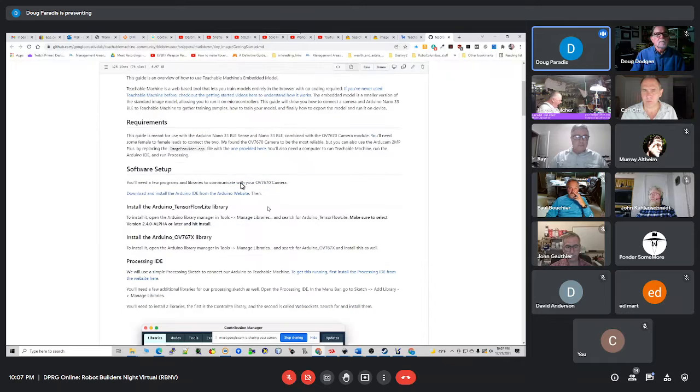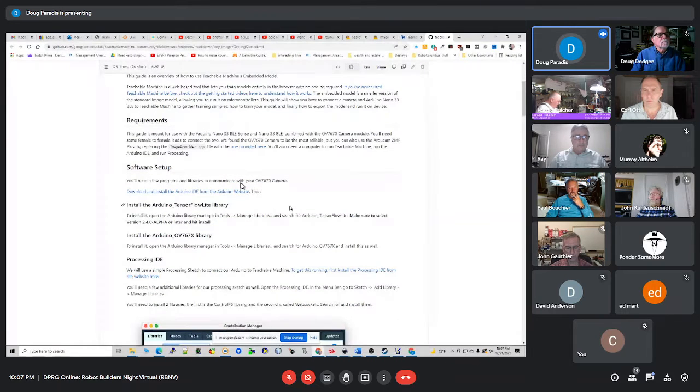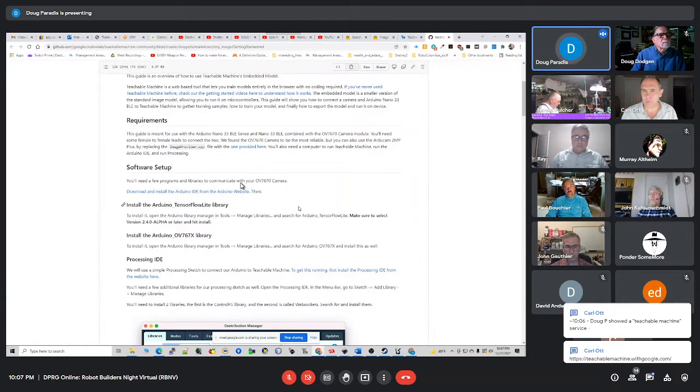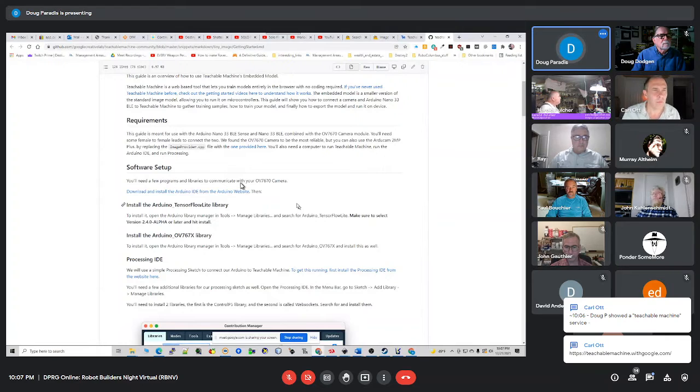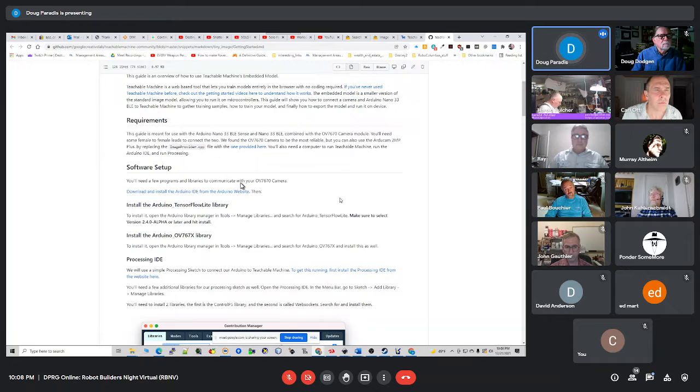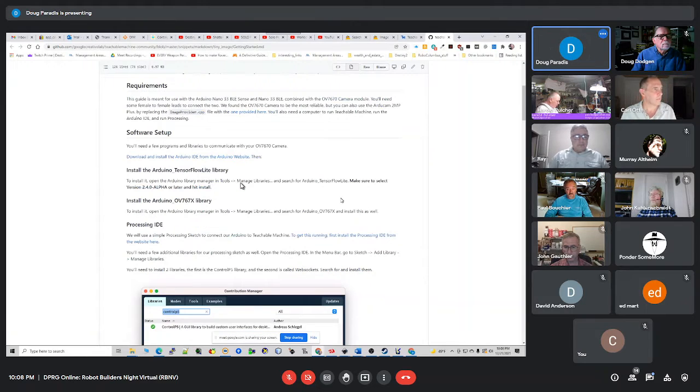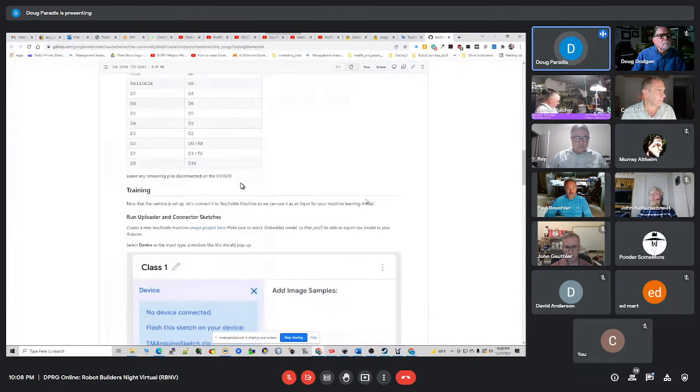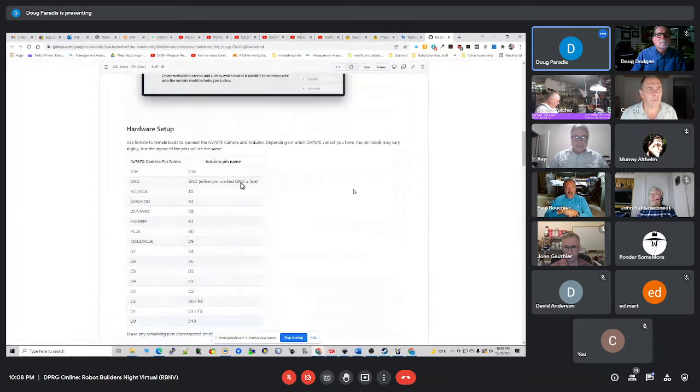And this one's actually made for the Nano, the ARM-based Nano 33 BLE Sense. I'm just curious if anybody's had any experience with it.